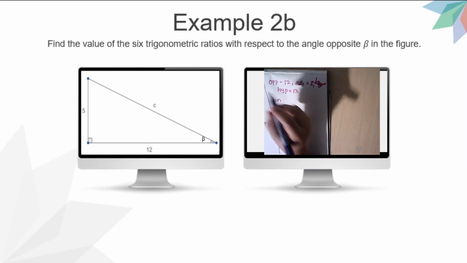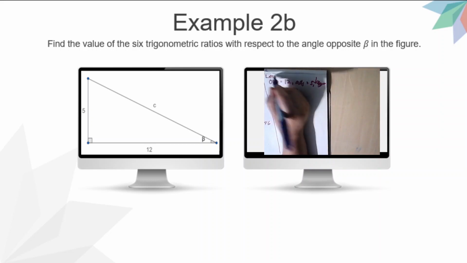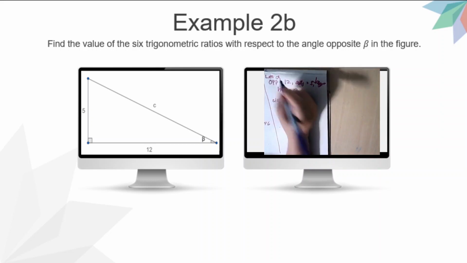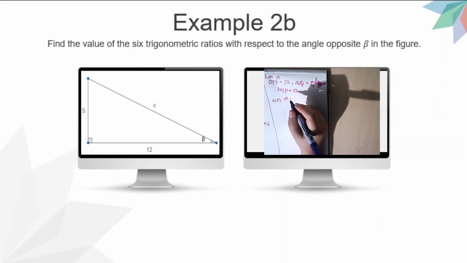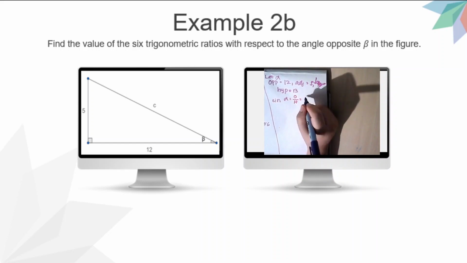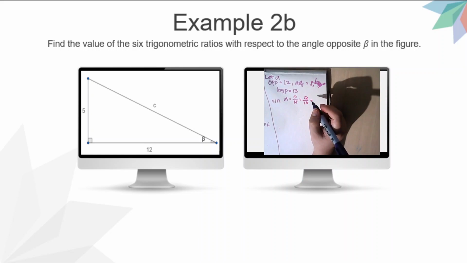Okay, now we will get the trigonometric ratios with respect to this angle. So, let us try naming this angle as alpha. So, sine alpha is equal to opposite over hypotenuse, which is 12 over 13. And 12 divided by 13 is 0.9231.